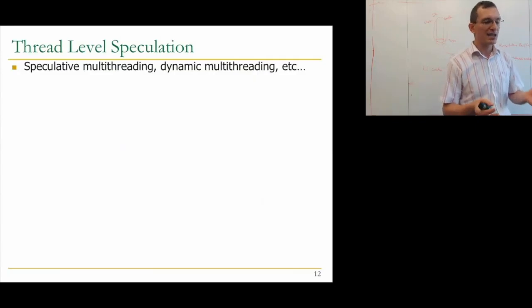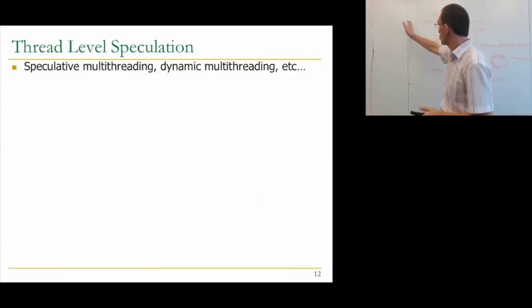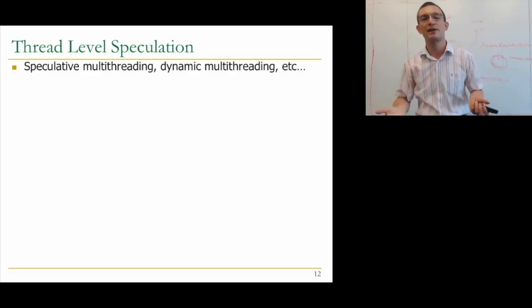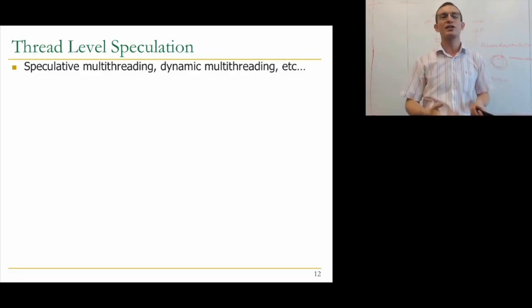The basic idea of taking a single-threaded program and parallelizing it on multiple hardware contexts is called thread-level speculation. This is also called speculative multithreading, and there are many examples of it.